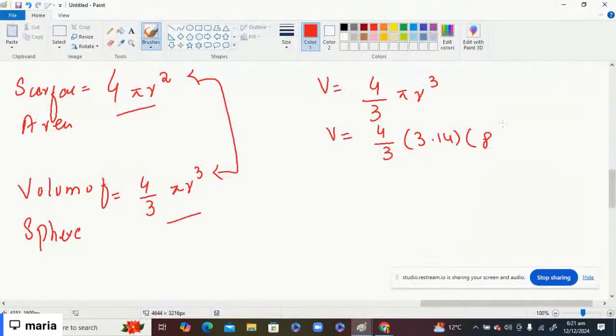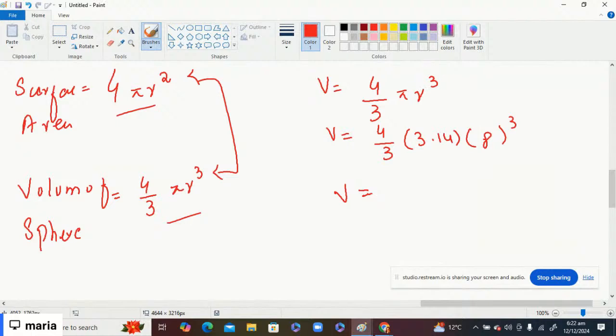Okay, 8 cube. So the volume, how can we find it out? Just simply multiplying 4 with 3.14. So 4 times 8 times 8 times 8, because we are taking the cube of 8.